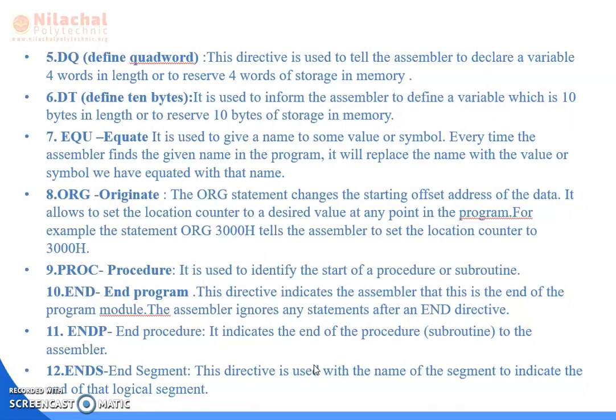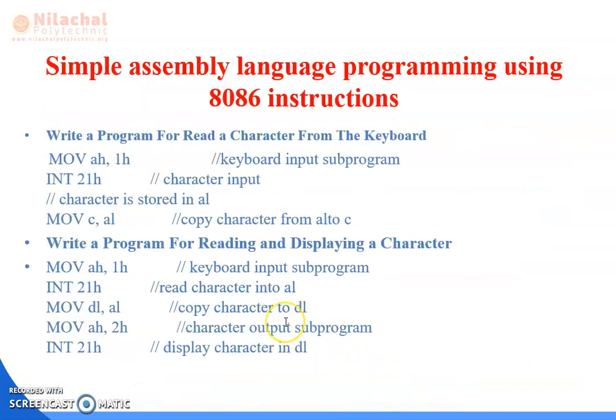Then ENDP means end procedure. It indicates the end of the procedure or subroutine to the assembler. Then ENDS, that is end segment. This directive is used with the name of the segment to indicate the end of that logical segment.